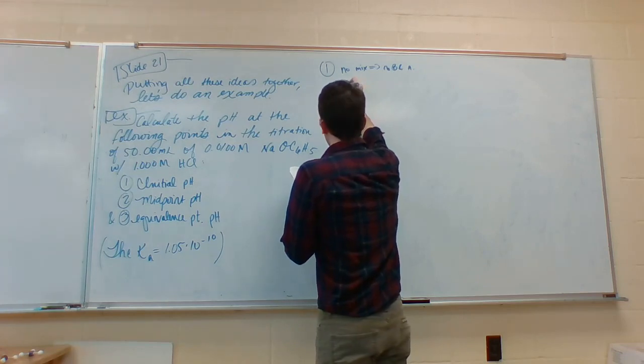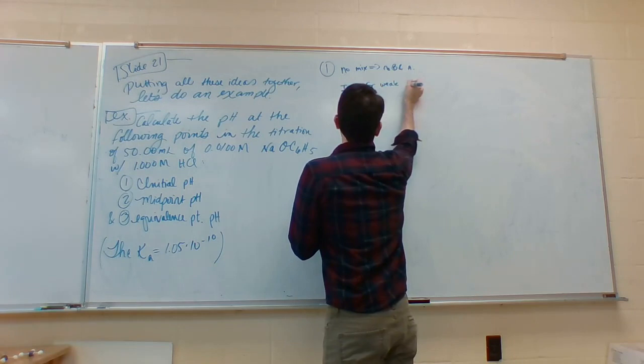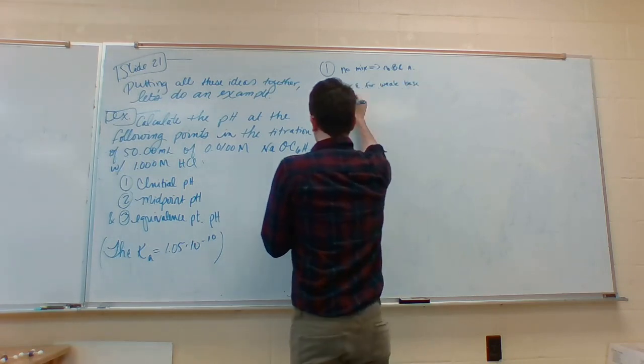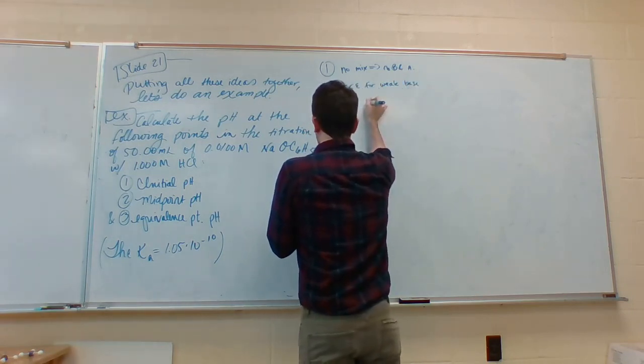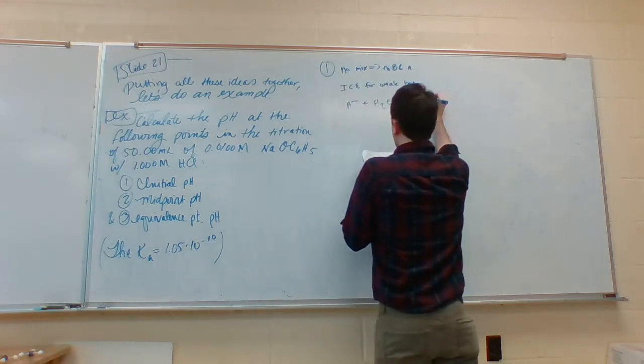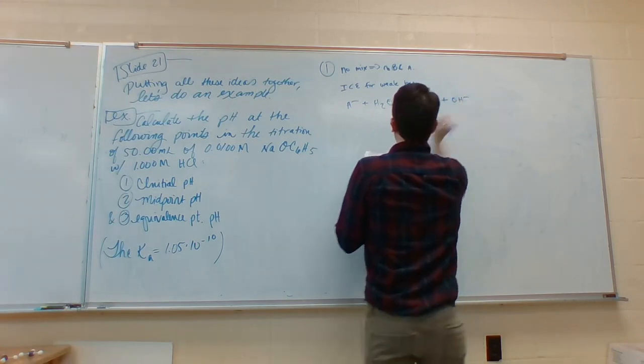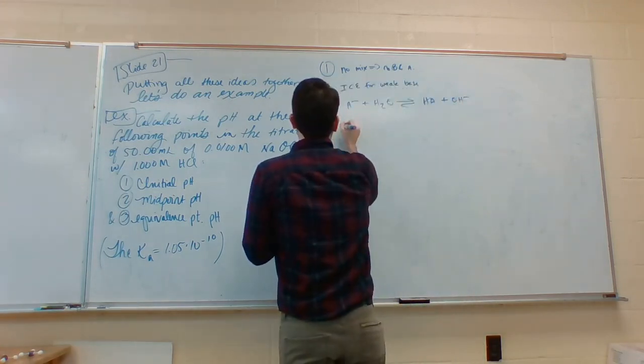Right, so now we do our ICE for weak base, which means we're going to have A minus plus H2O in equilibrium with HA plus OH minus, right?